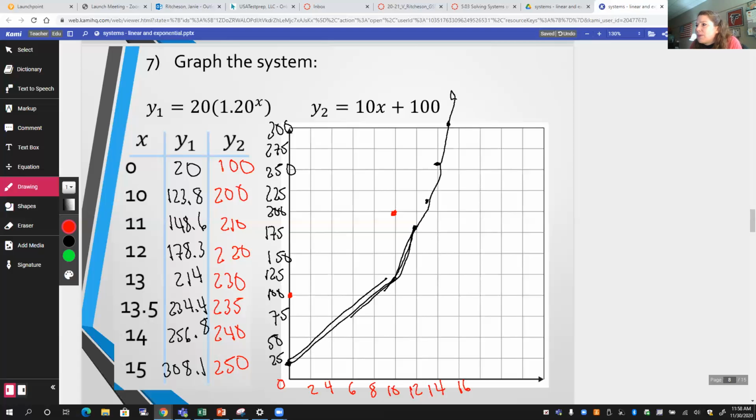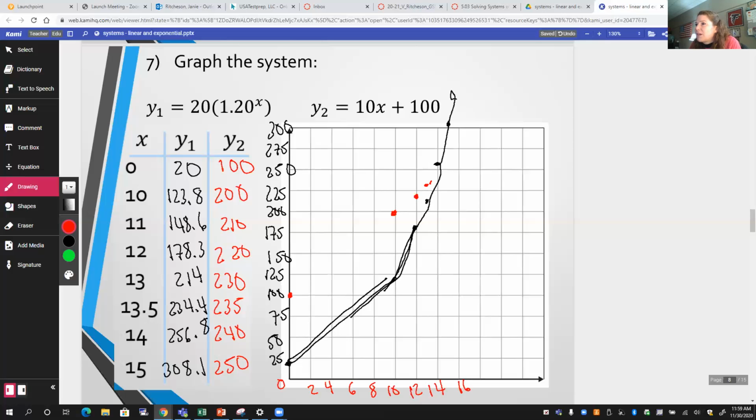And then when x is 12, we have 220. And then 13 would be 230.